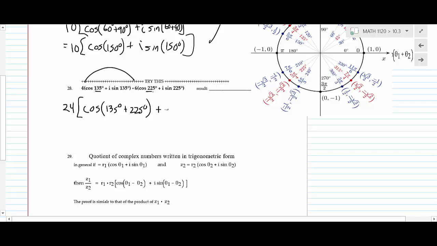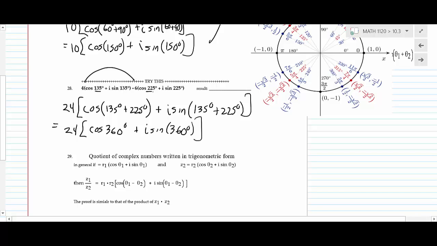Then we have plus i sine of 135 plus 225. Nothing to it. That ends up being cosine of 360 plus i sine 360. So if I want the answer in trig form, you're already done. Problem done, just like that.